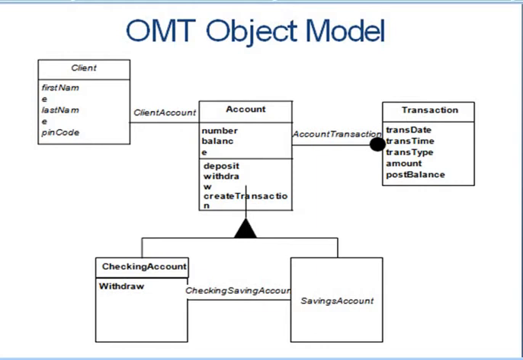The relationship between the client and account classes is one to one. A client can have only one account and an account can belong to only one person, which is shown in this model. Joint accounts are not allowed in this model. In this way, the object model can be explained. These boxes represent classes, and the filled circle represents transactions from zero to many.